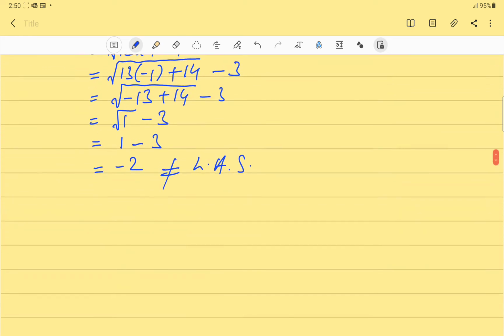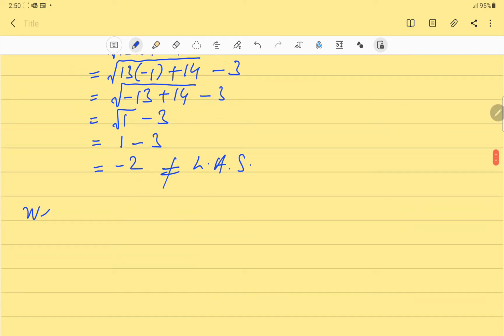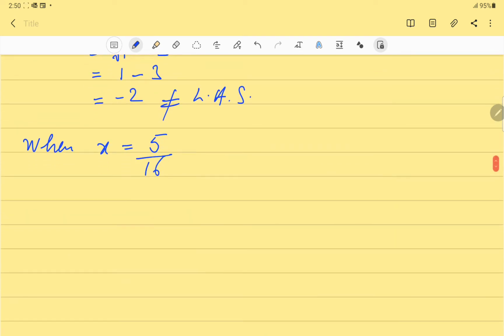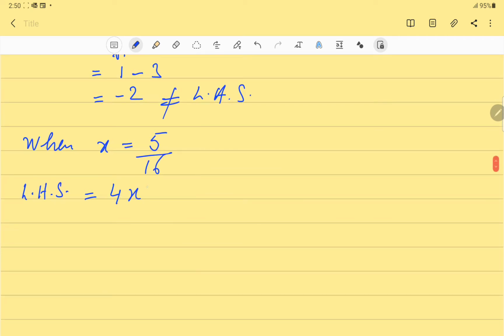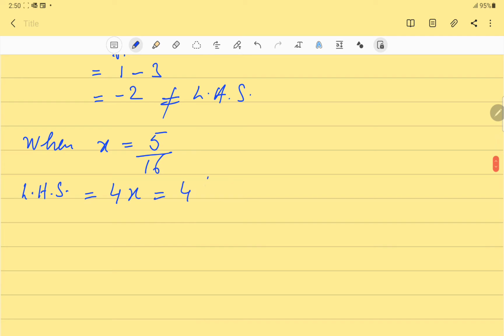Now let us check for 5 over 16. When x is equal to 5 over 16, left hand side is equal to 4x, which is 4 into 5 over 16. This 4 cancels with this, we are left with 4. So answer is 5 over 4.